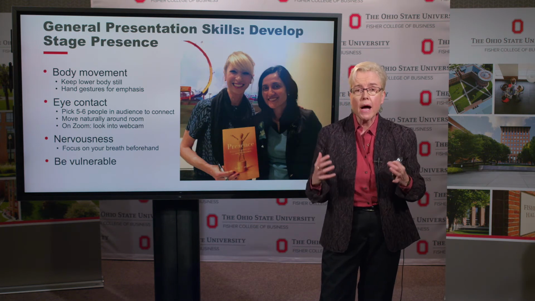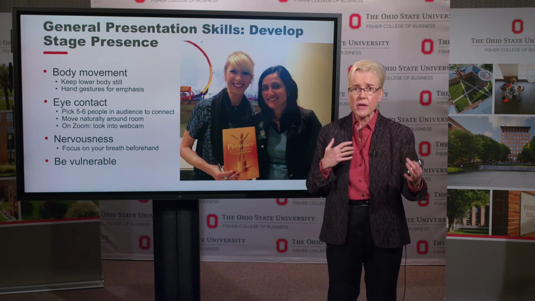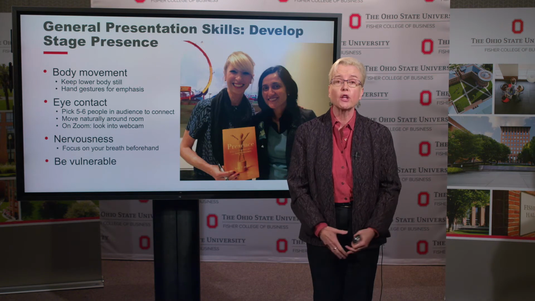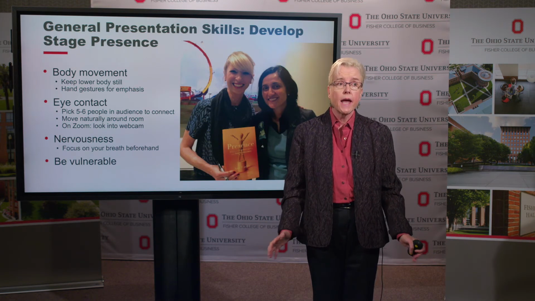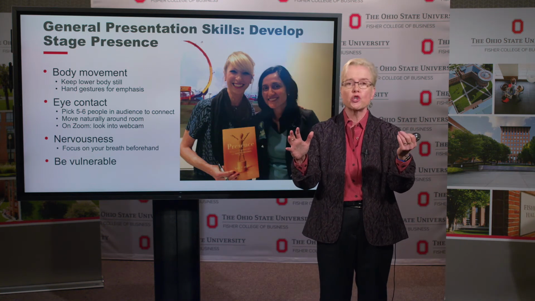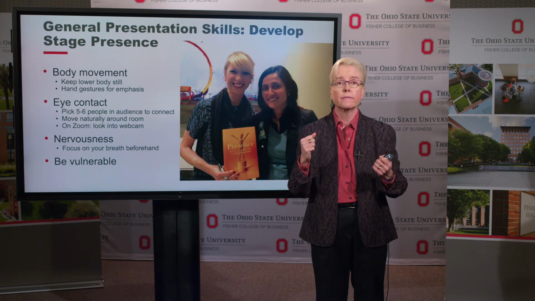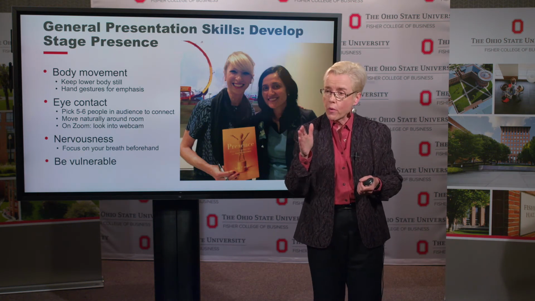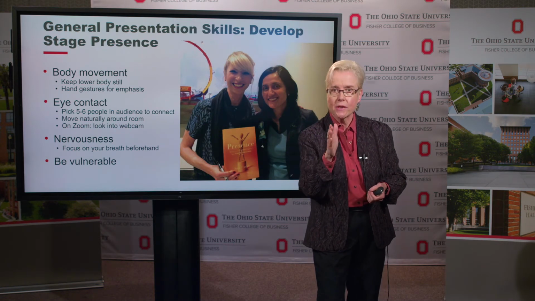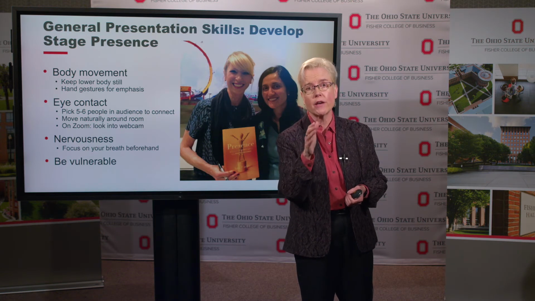Now, the thing about body poses, to move naturally in your body and to feel very comfortable in presenting, is number 1, we focus on body movement itself, keeping the lower body relatively still, and using hand gestures for emphasis, maybe using a slight change in the way we use our head. We turn our head, we look around. For eye contact, we want to pick 5 or 6 people that we're going to present to, or in this particular case, focus on the camera, so each of you watching this will get the experience that I'm looking directly at you.